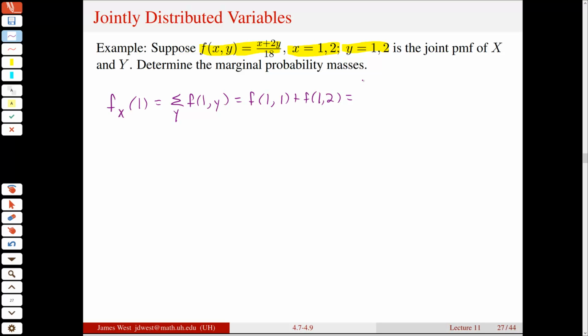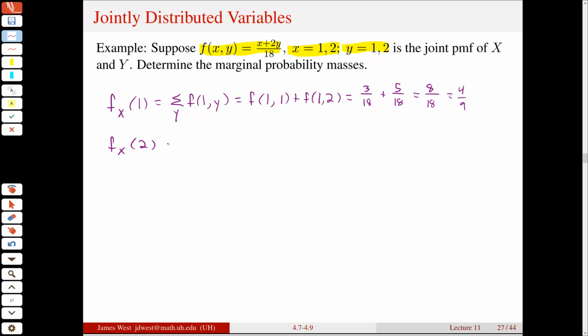If x is 1 and y is 1, we get 3/18. If x is 1 and y is 2, we get 5/18, giving us a total probability of 8/18 or 4/9.